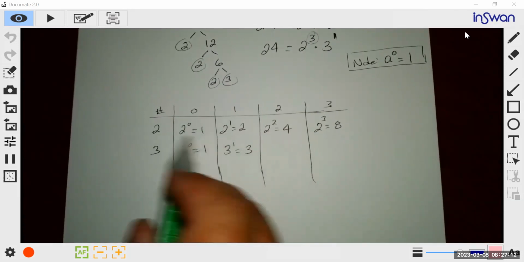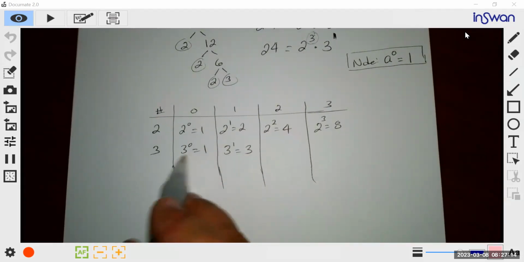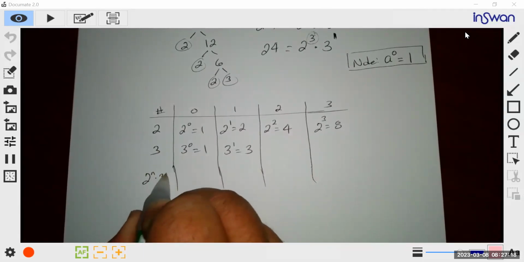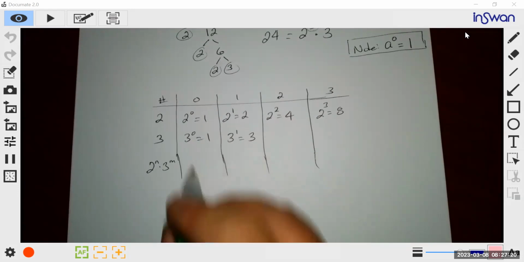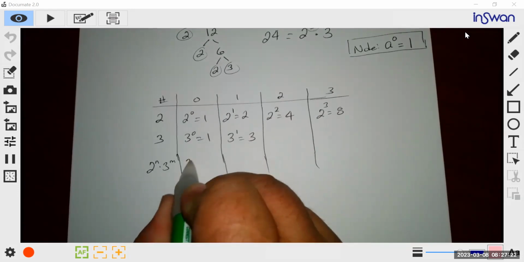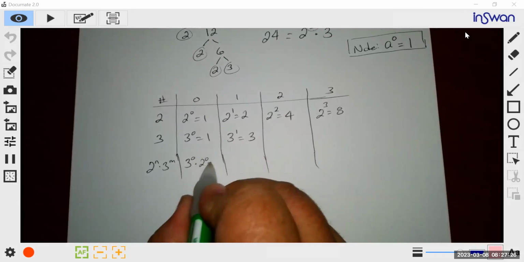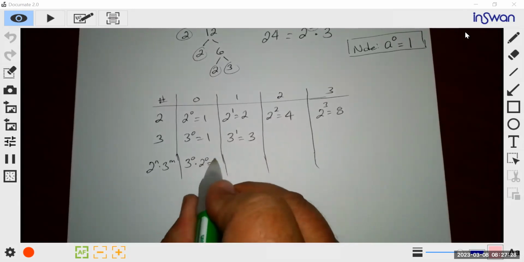So those are all individual ones. Now we combine them. We have 2 to the n times 3 to the m. If 3 is 0 and 2 is 0, 1 times 1 is 1.